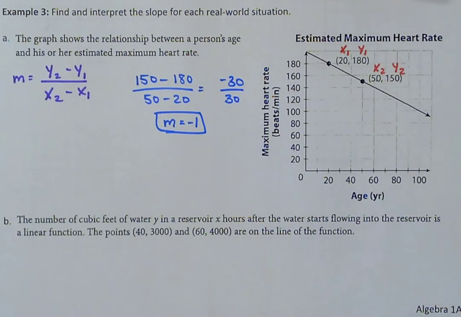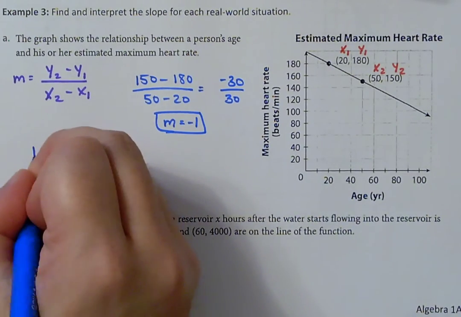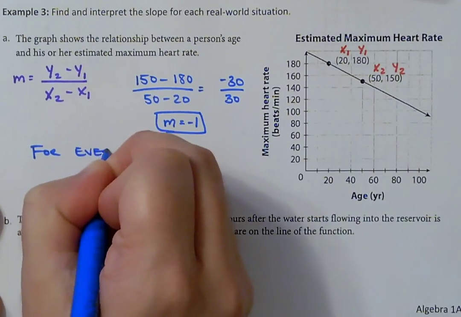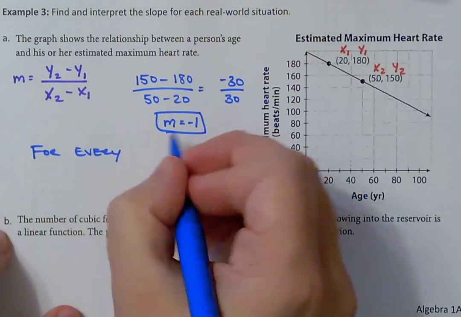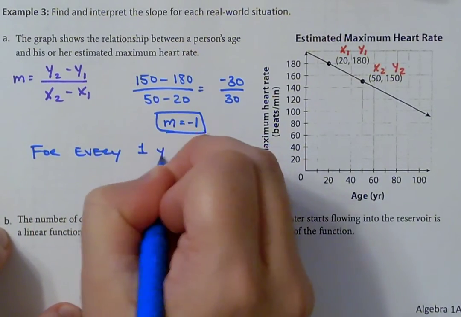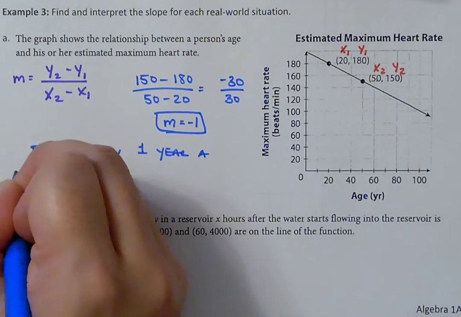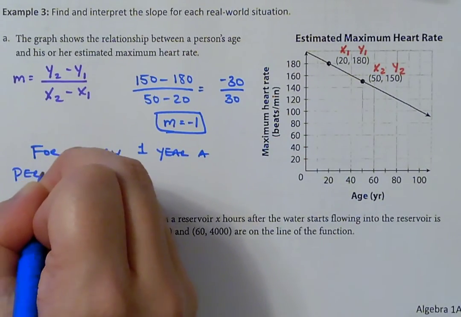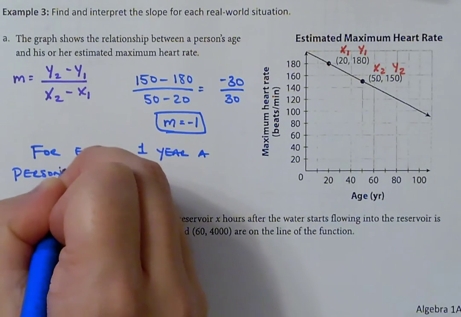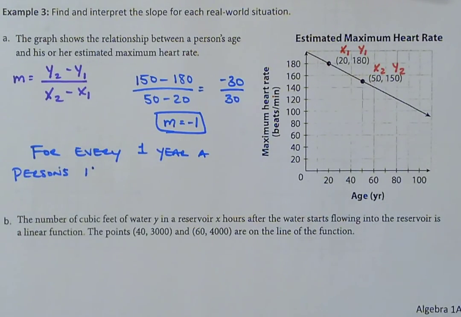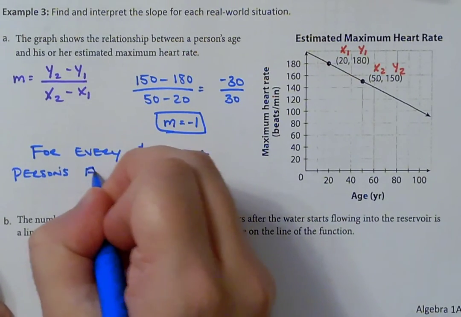So let me write this out and I'll re-explain it. So for every 1 year, a person's heart rate, for every 1 year, a person's age increases.